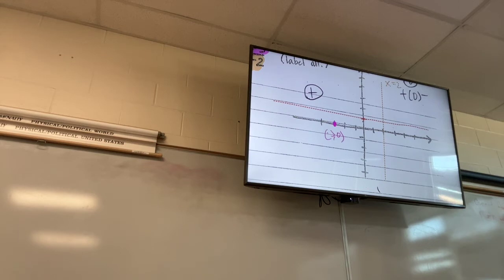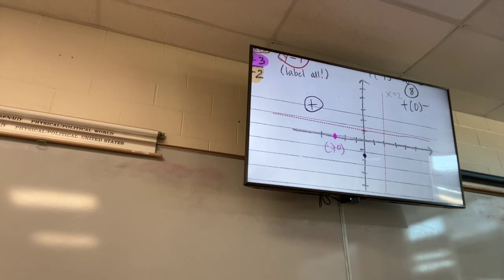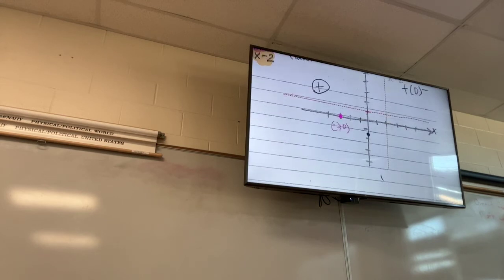So f of 0 is -3 halves. That's how she got that. She plugged in 0. I keep forgetting to tell you guys to plot your y-intercepts. It's really easy though, you just plug in 0 for x.